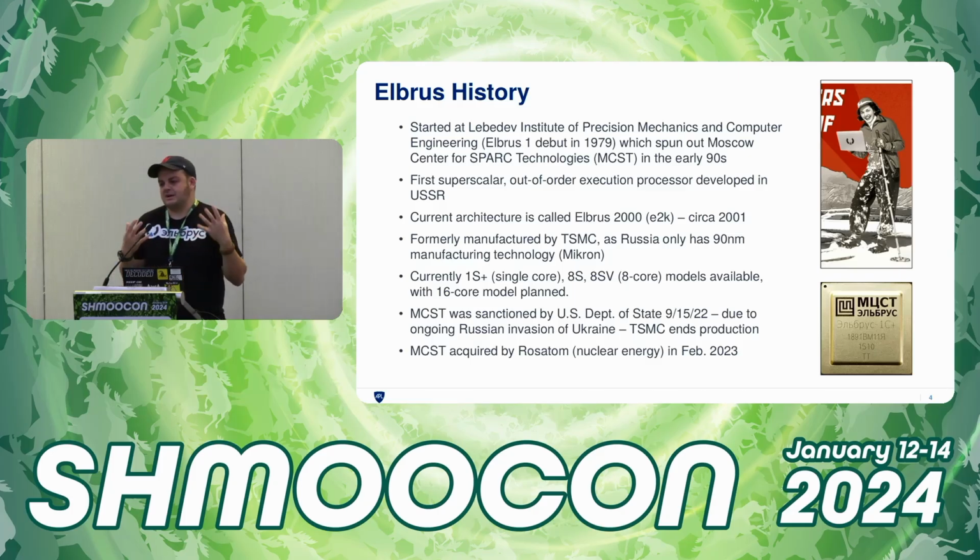But Elbrus is actually a Russian-designed architecture that goes all the way back to the late 70s. We're going to see that Elbrus is kind of a fossil in architecture, because it has an architecture that doesn't really exist anywhere else anymore.